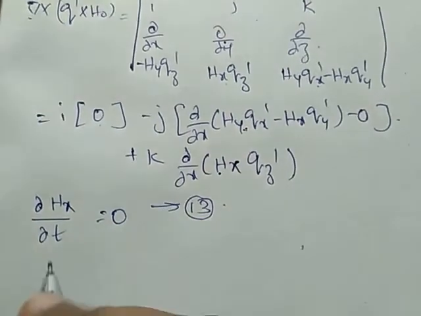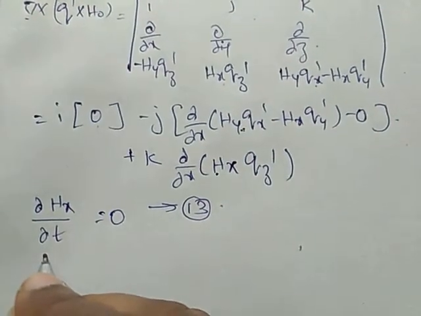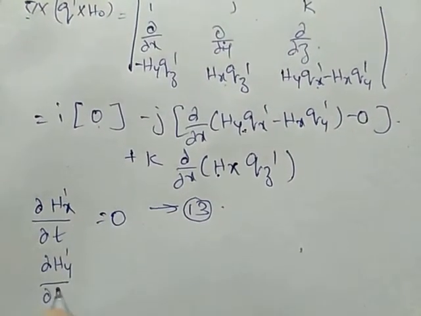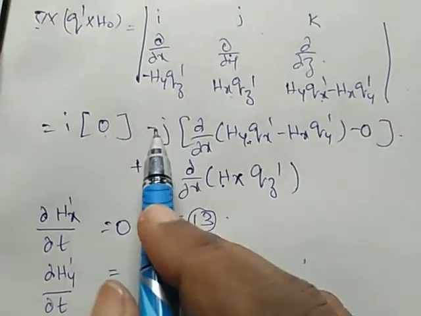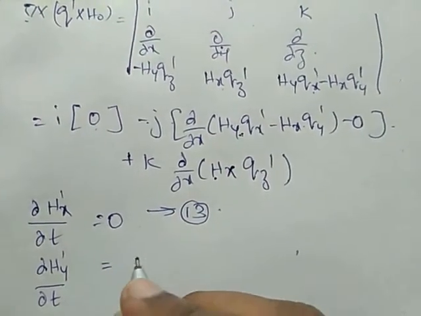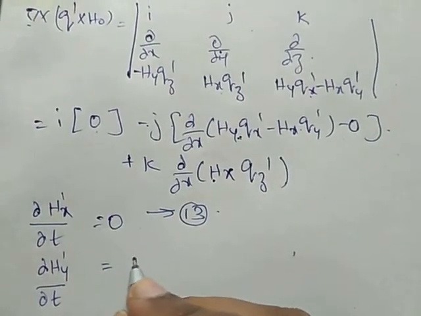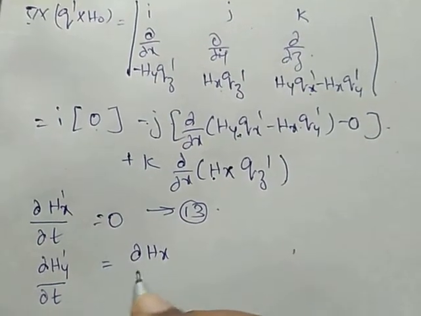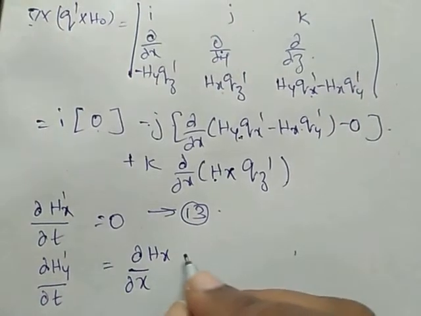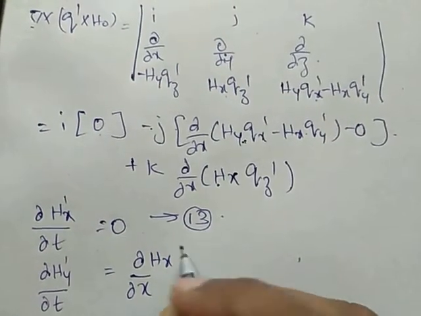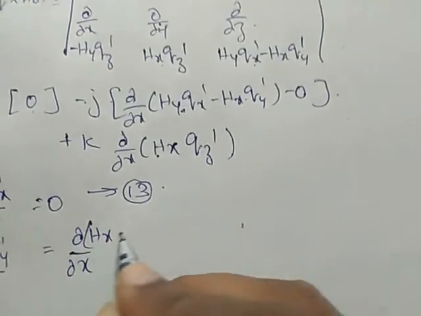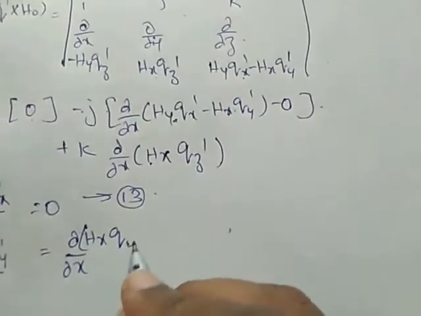Coefficient of j, we will have ∂Hy'/∂t equal to minus, so I'll write it in reverse way, ∂Hx/∂x, q_y'.